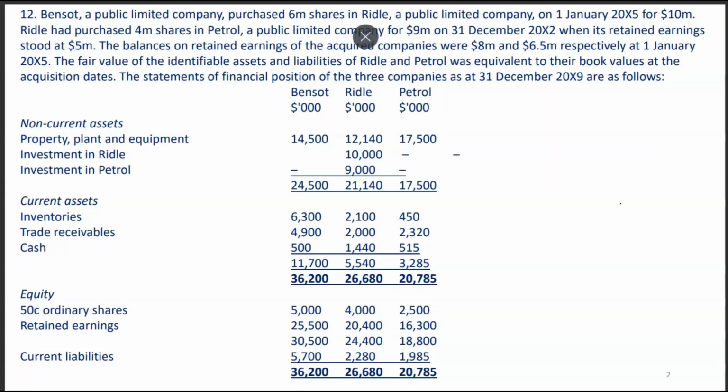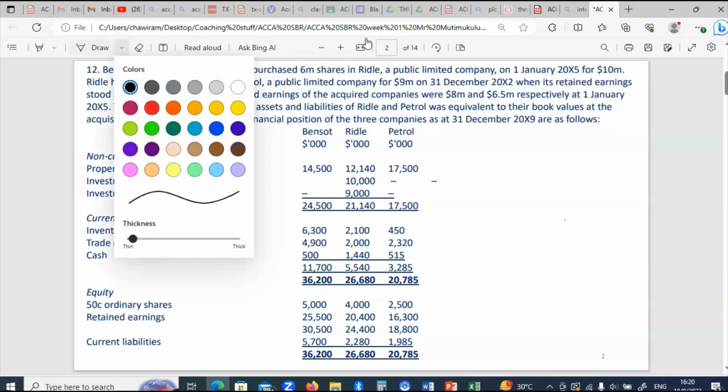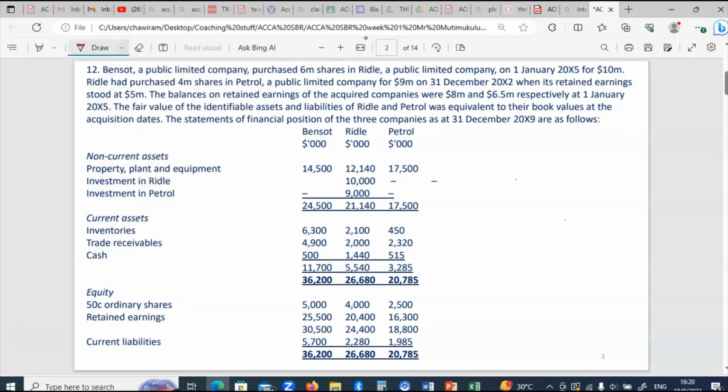I hope you are still seeing the question properly. So this main company, Bensot, purchased 6 million shares in Redu.